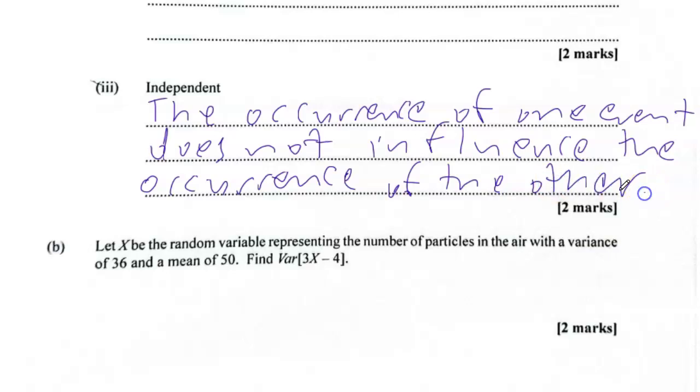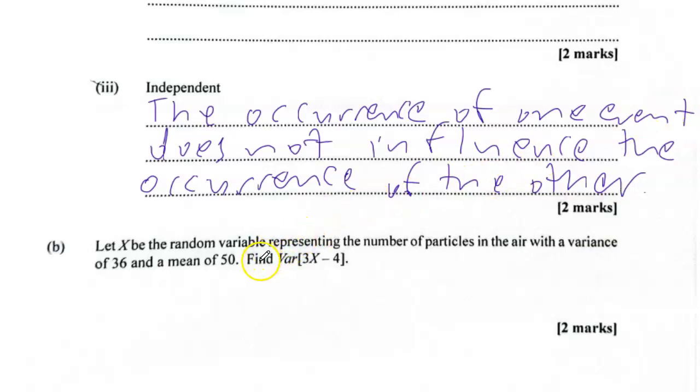Say you toss a coin 10 times. Each time you toss that coin, whether you got heads or tails before, tossing again doesn't affect the result, whether it's heads or tails.